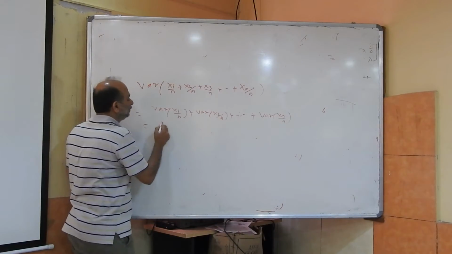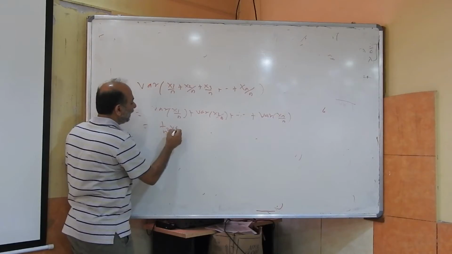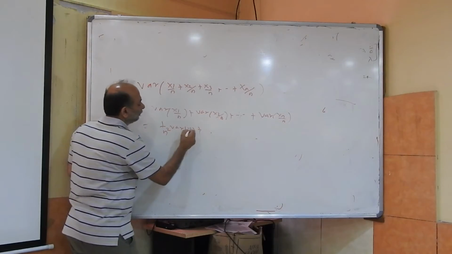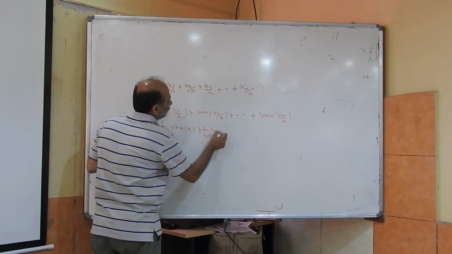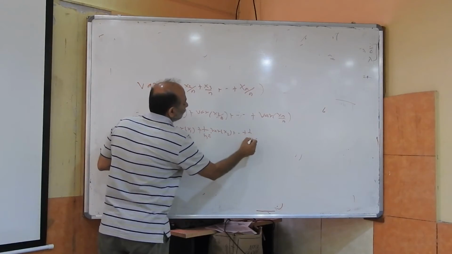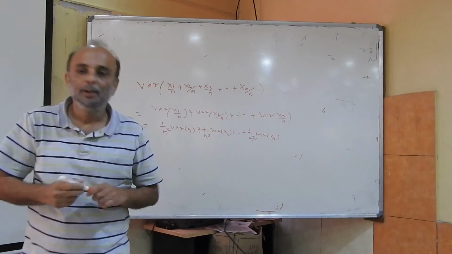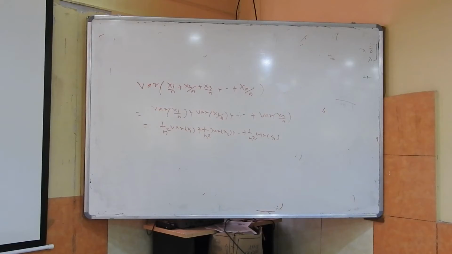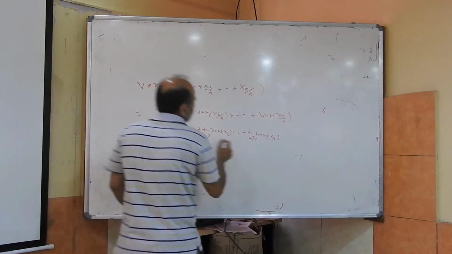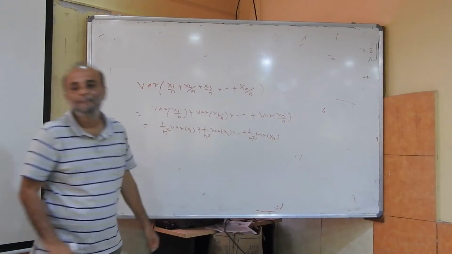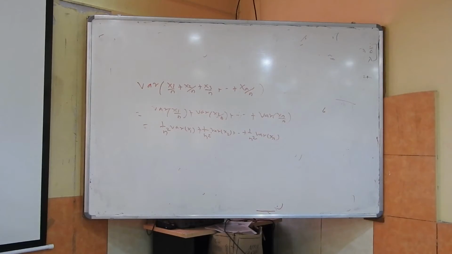So what is the variance? This becomes 1 upon n square, because variance of alpha x is alpha square variance of x. Sure?